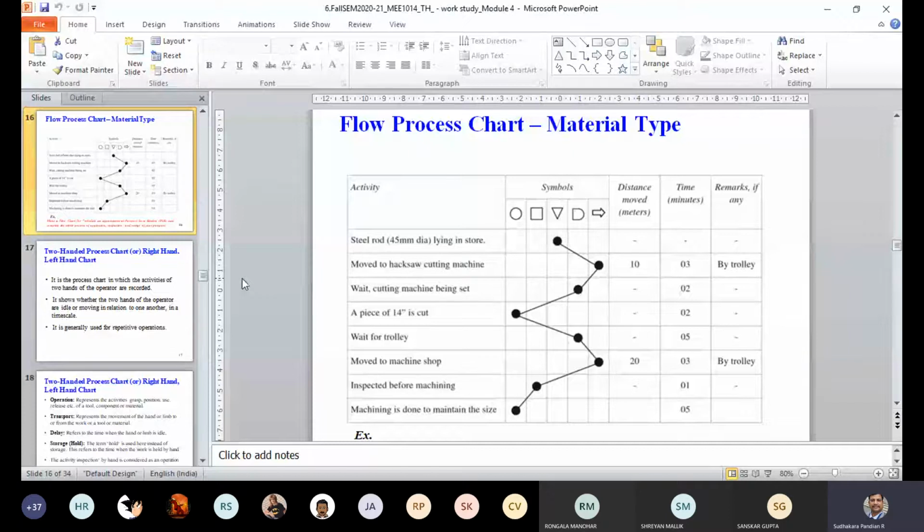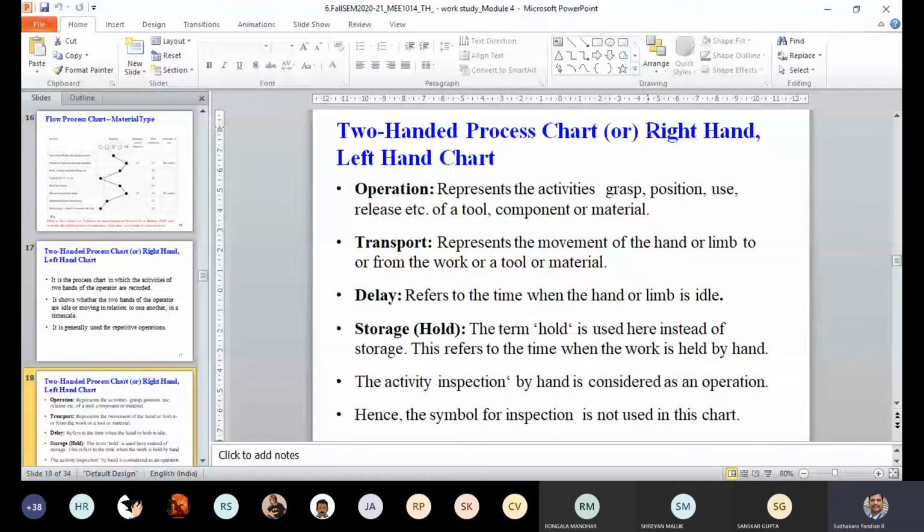We will just mention the operator is working, what is operation, what is transportation, storage, inspection, delay. All those things we mention, but without knowing which hand is doing which work. Whereas in the case of the two-handed process chart, we are going to record the activities of both of the operator's hands.